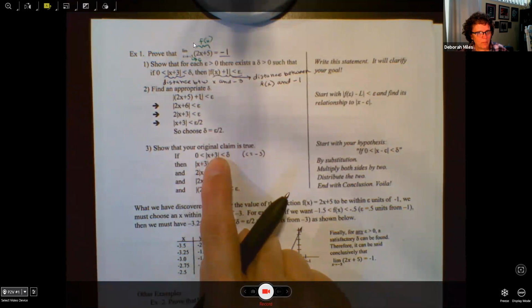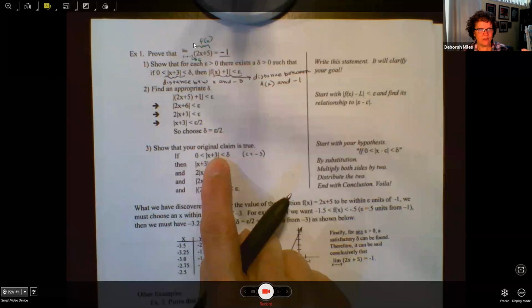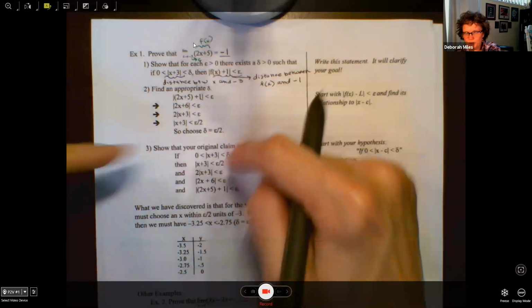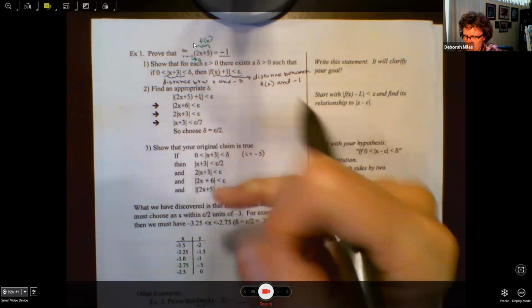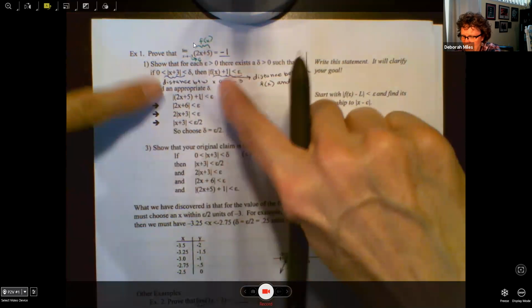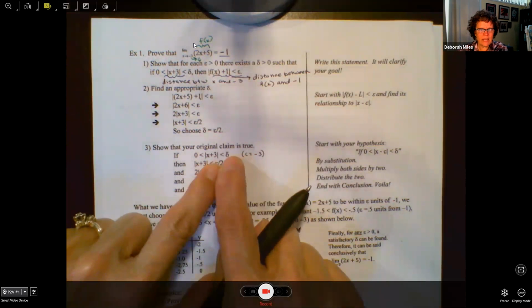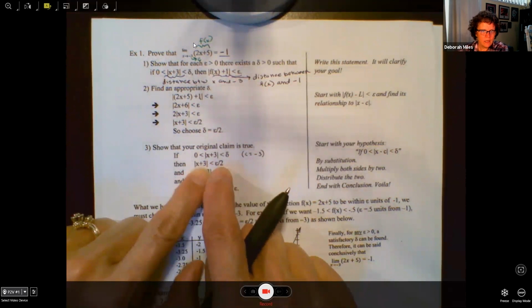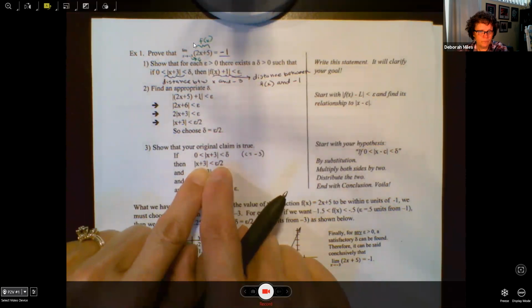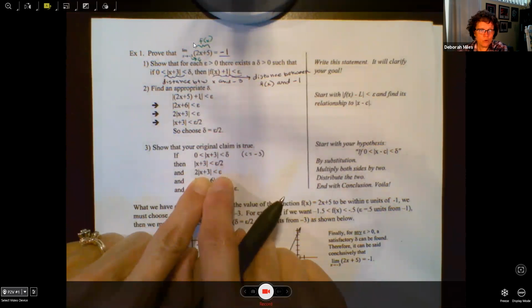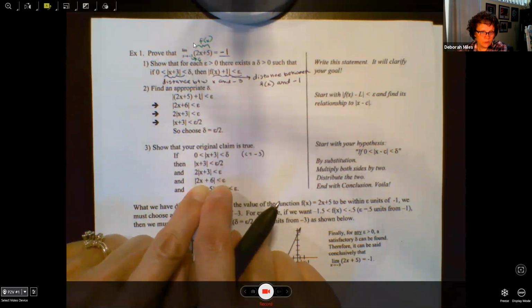And then the cool part about finishing this is, once you find your delta, your proof is just working back up. You're starting with this, you want to end up with that. So we go, okay, well, we decided delta is going to have to be epsilon over 2. And I can multiply both sides by 2. And I can distribute that 2.